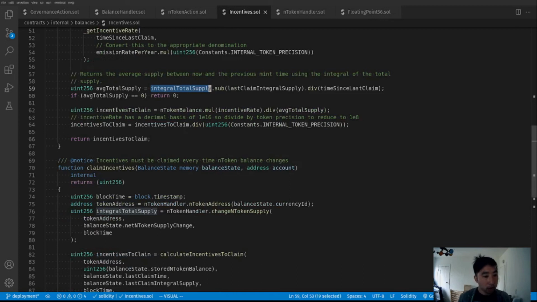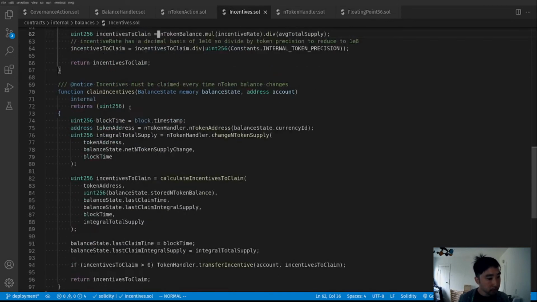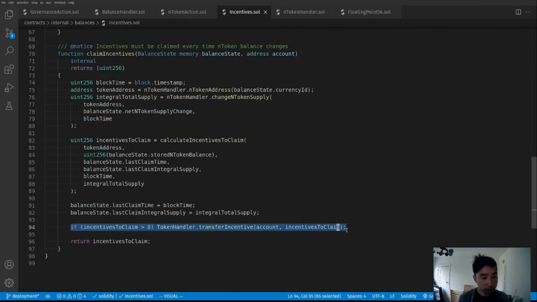Then we take their balance and multiply by the incentive rate divided by the average total supply. At that point, we will transfer those incentives to the user, and we'll set the current time as the new last claim time, and we'll set the integral total supply as well.